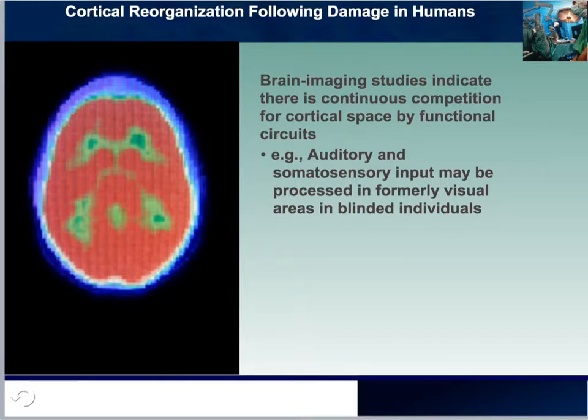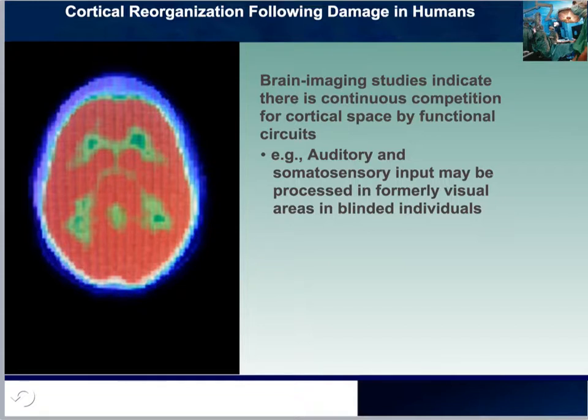The findings were consistent with a hypothesis that says that there is continuous competition for cortical space by these functional circuits. That is to say that without a visual input to the cortex, there is an expansion of the auditory or somatosensory cortex.